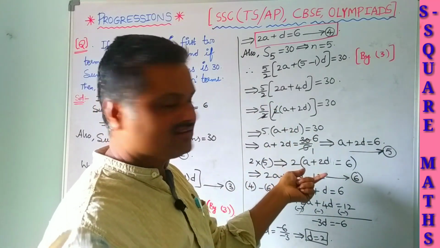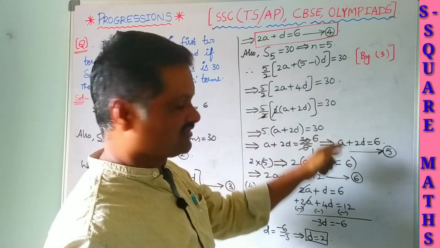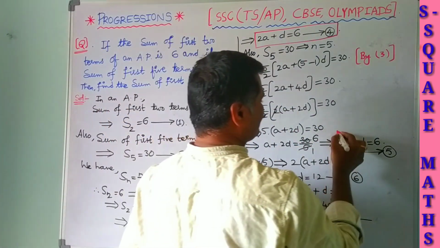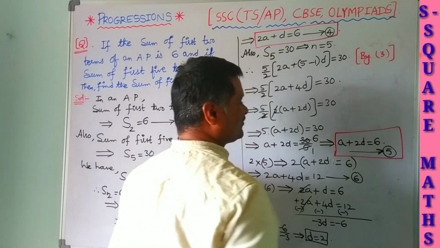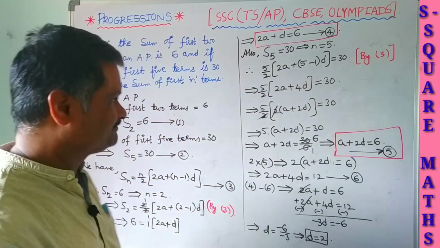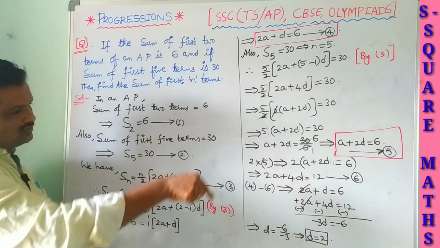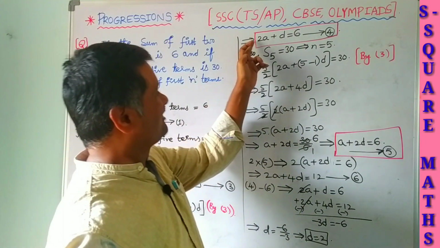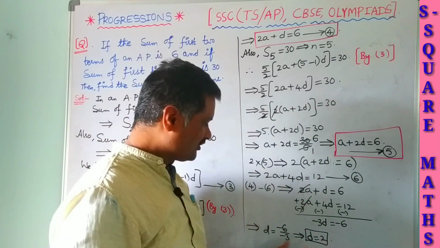We are going to get smaller values after eliminating 2 and 2. 5 transposing to this side becomes division, and we reach equation 5. Now equations 4 and 5 are a pair of linear equations in 2 variables.